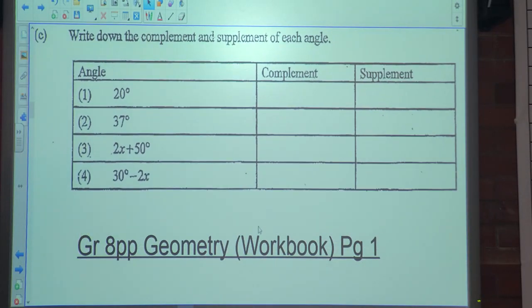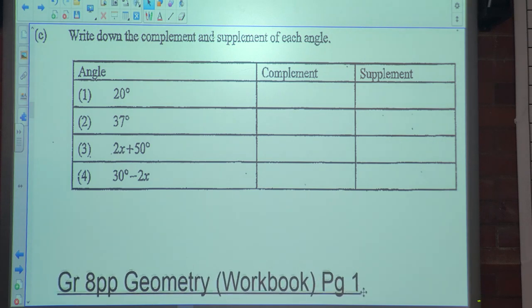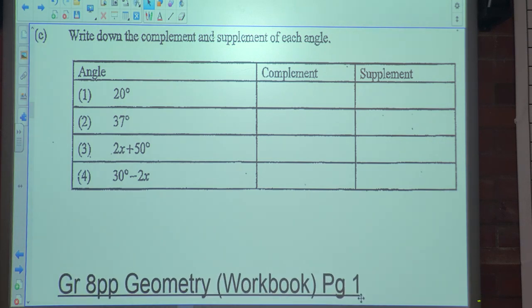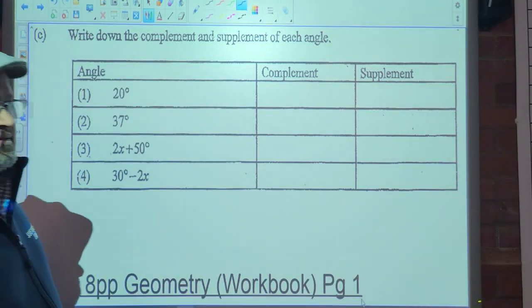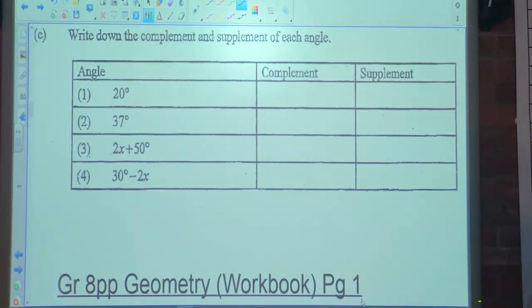Write down the complement and the supplement of each angle. So the complement is the angle that adds up to 90 degrees, while the supplement is the angle that adds up to 180. So what do we have here?